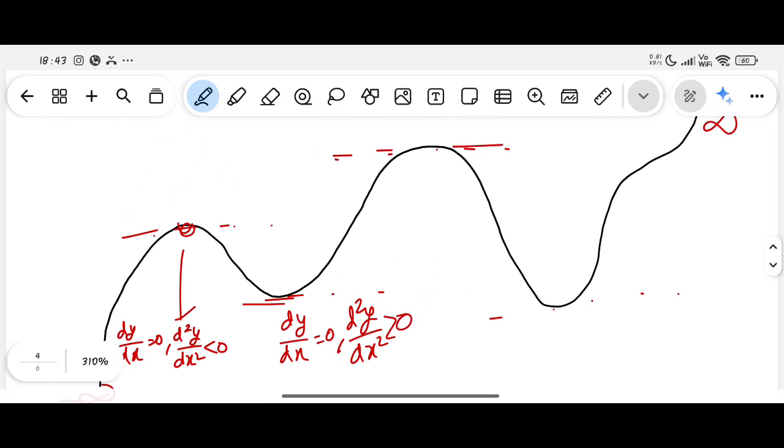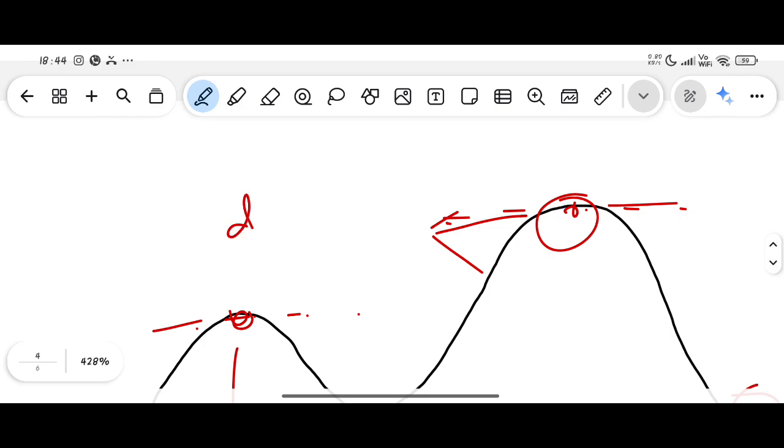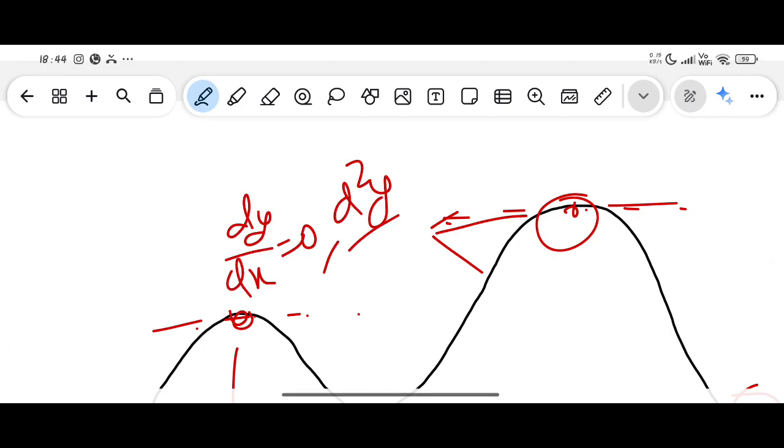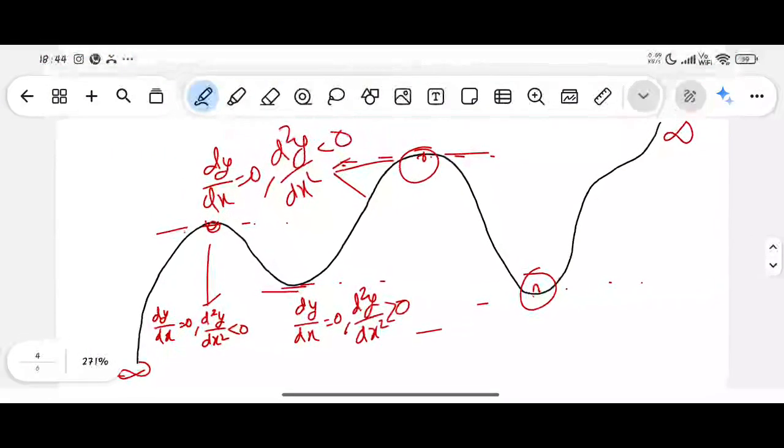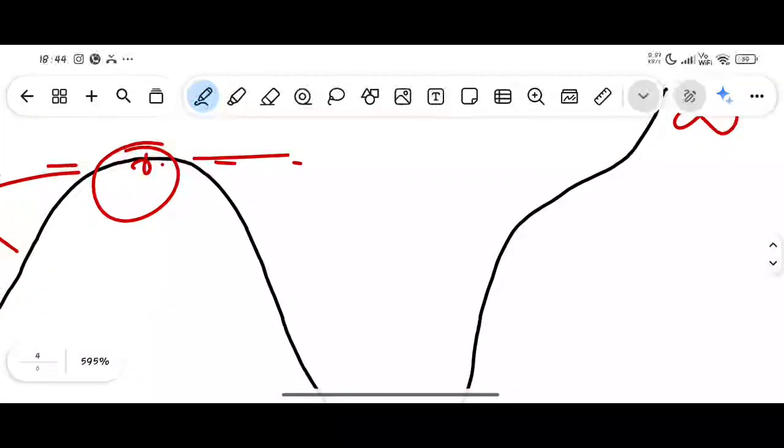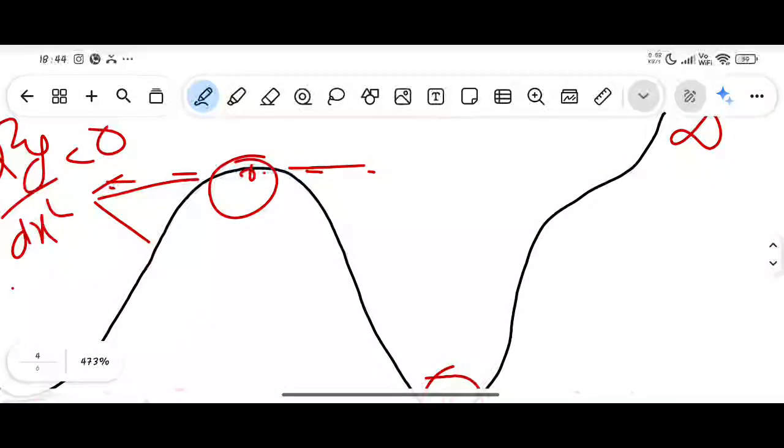Similarly, now you can conclude for this point and this point also. Here also you will get dy/dx equal to 0 and d2y/dx2 less than 0. And again this will be the same as this one, so I'm not writing it again. If you see here, look carefully, the graph changes its curvature again.